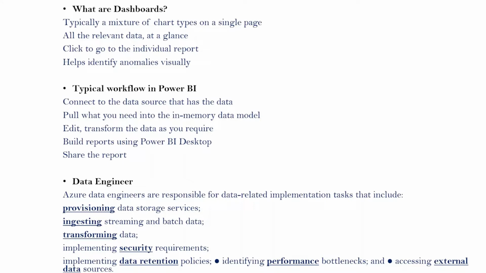If you are a data engineer, you also need to know what remediation is required to get over that, and accessing the external data sources. If we are ingesting, we need access to our external data sources. So these all are the roles of a data engineer.